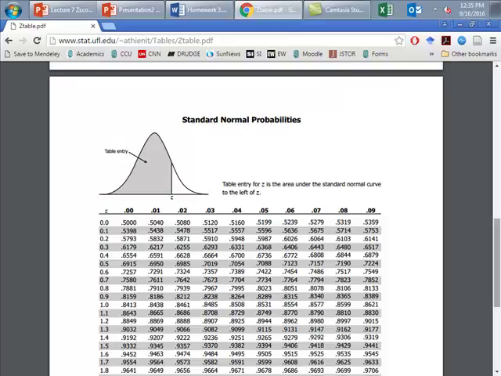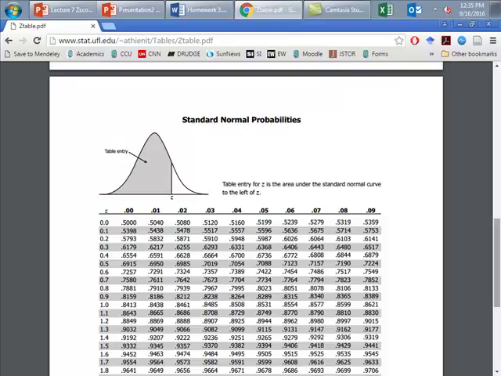Now, what is 0.5? It's the shaded area under the curve. So half of the observations are to the left of the z-score. Does that make sense? Not really. One more time. We have a curve. All of the area under the curve adds up to 1 because it's a proportion.